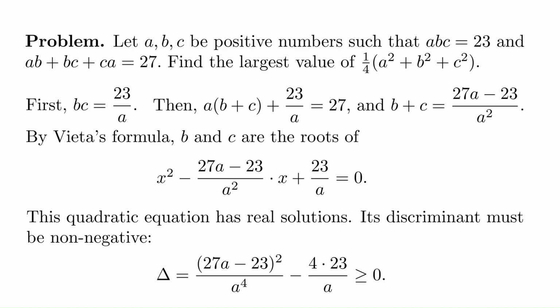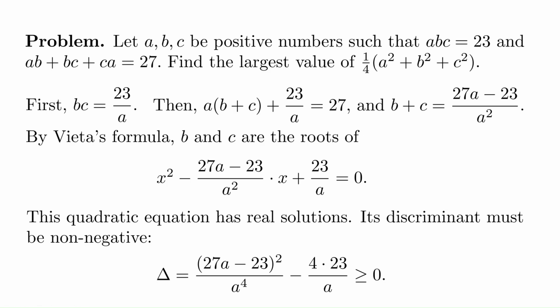The discriminant is defined to be the square of the coefficient of x, that is (27a minus 23) squared divided by a to the power 4, minus 4 times the leading coefficient, which is 1, times the constant, 23 divided by a.